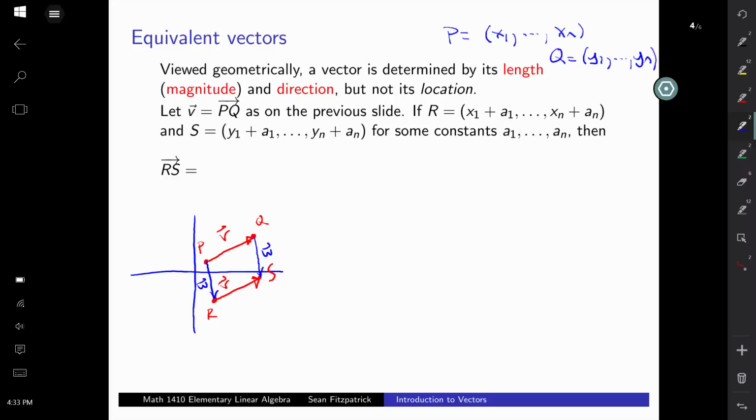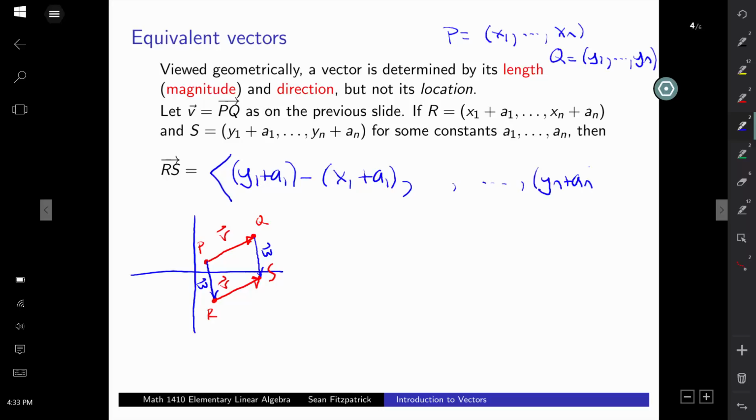You can see this in terms of vectors because if you calculate the vector from R to S, we do again head minus tail. So you do y1 plus a1, and you subtract off x1 plus a1, and then you do that for the second coordinate and the third coordinate, all the way down to the last one, yn plus an minus xn plus an.